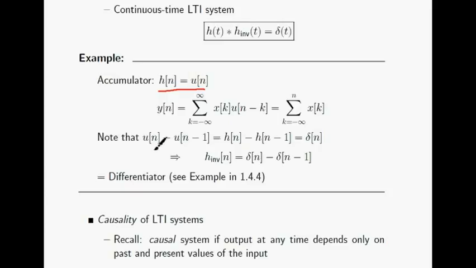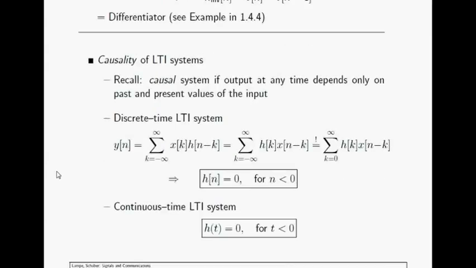So you can note that u of n minus u of n minus 1 will be equal to h of n minus h of n minus 1 from this equation, which will be equal to delta of n. So the inverse function of this will be delta of n minus delta of n minus 1. So this is a differentiator for the discrete time case. You can see it in the book in example 1.4.4.